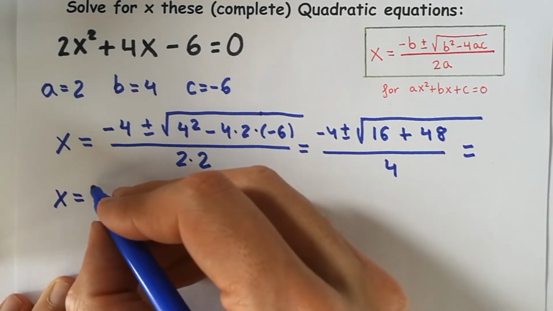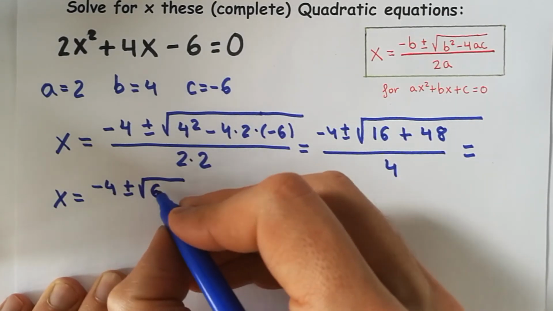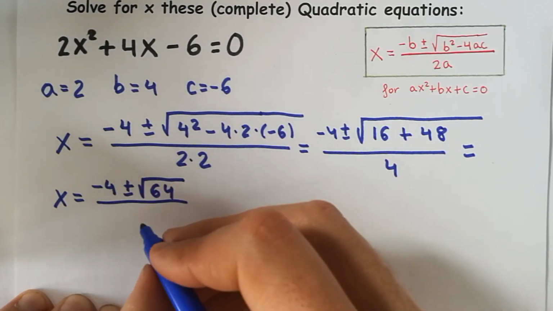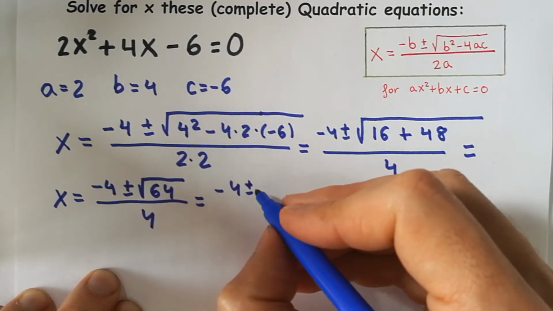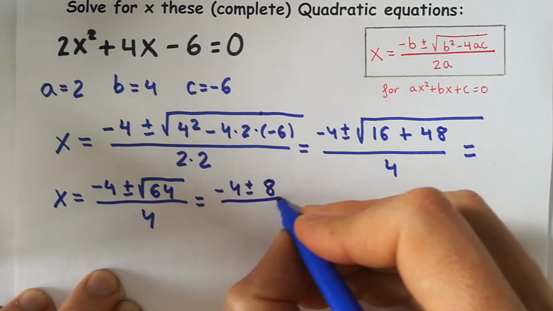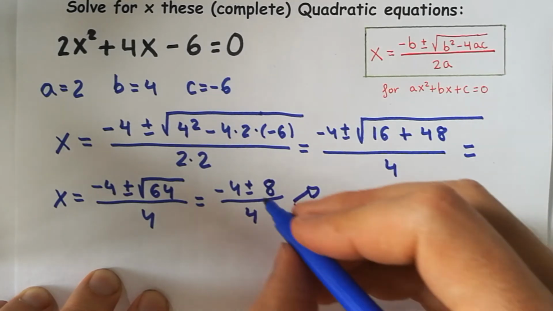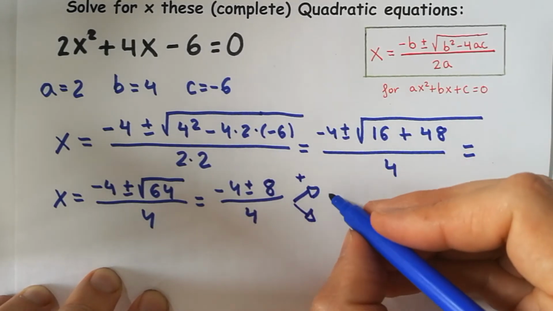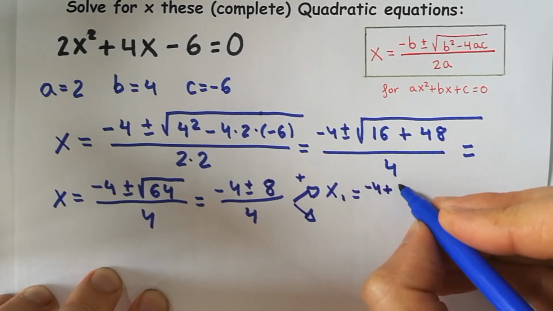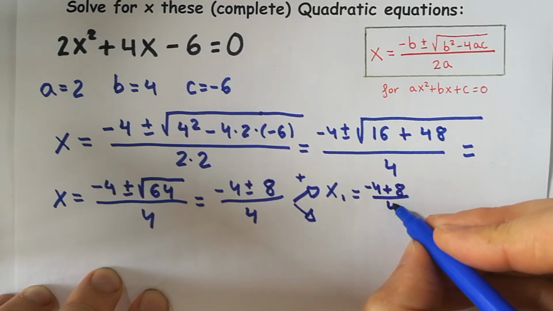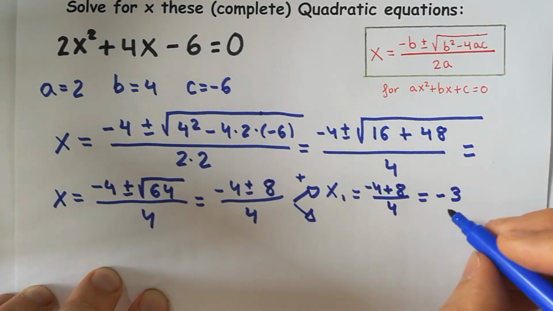X, once again. And now inside the root we get 64. And the result of this square root is 8. Now we can use the positive solution of the root on one side, and we get the first solution, that is minus 4 plus 8 over 4, which is positive 4 over 4, positive 1.